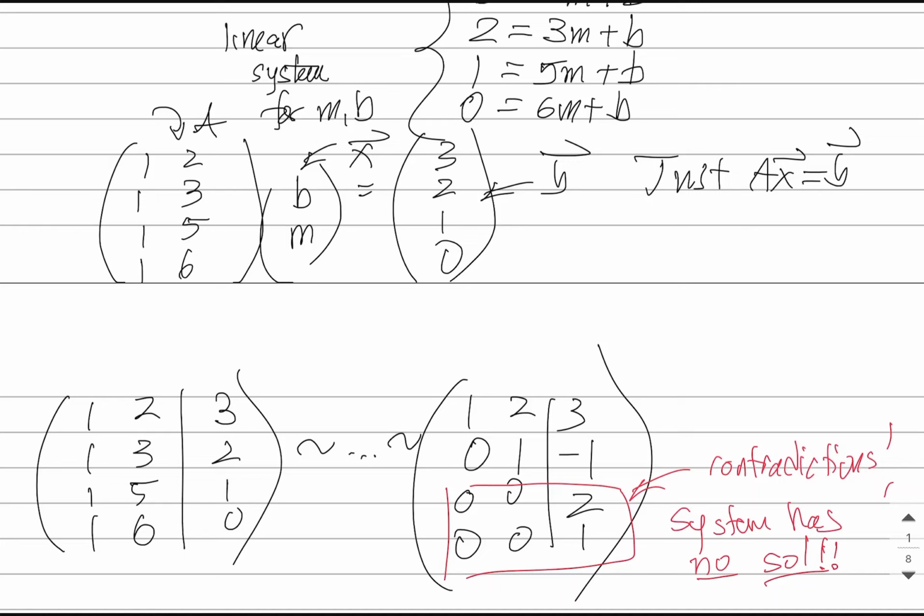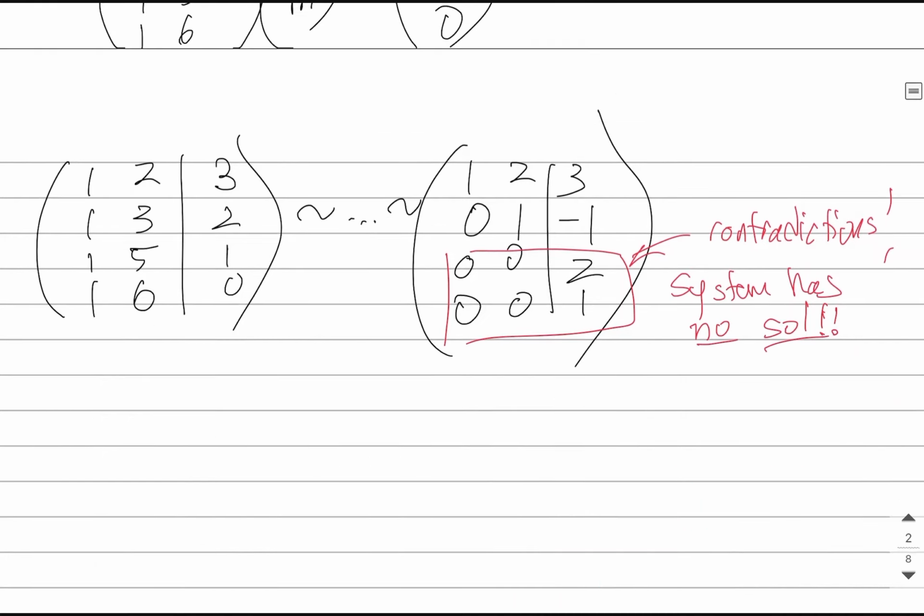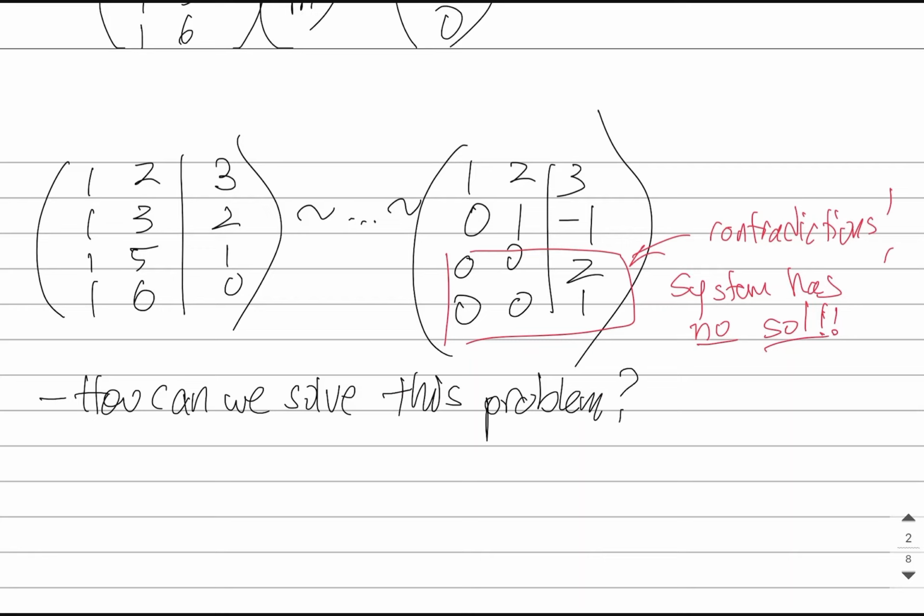So if my system has no solution, how on earth am I supposed to solve this problem? How can we solve a problem with no solution? As many of you know, when you do an experiment and you try to fit a line through your data points, it never lies on the line. So in general, you should never expect that the line will go through all the data points.